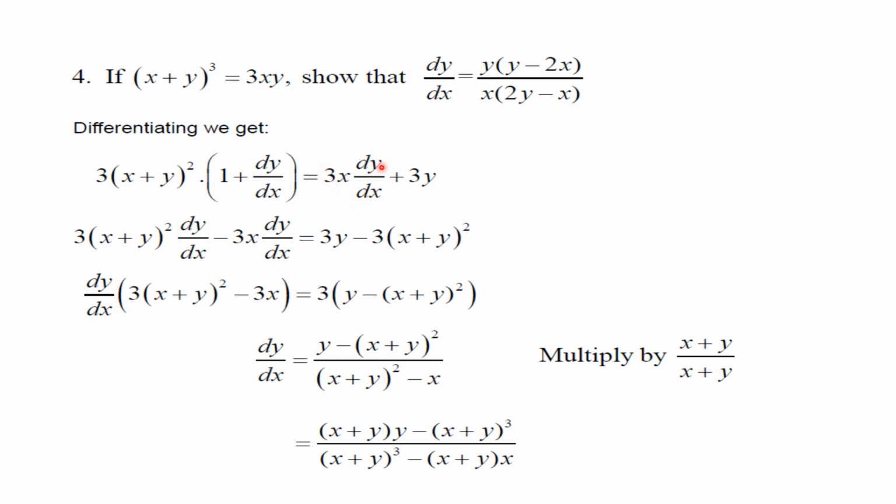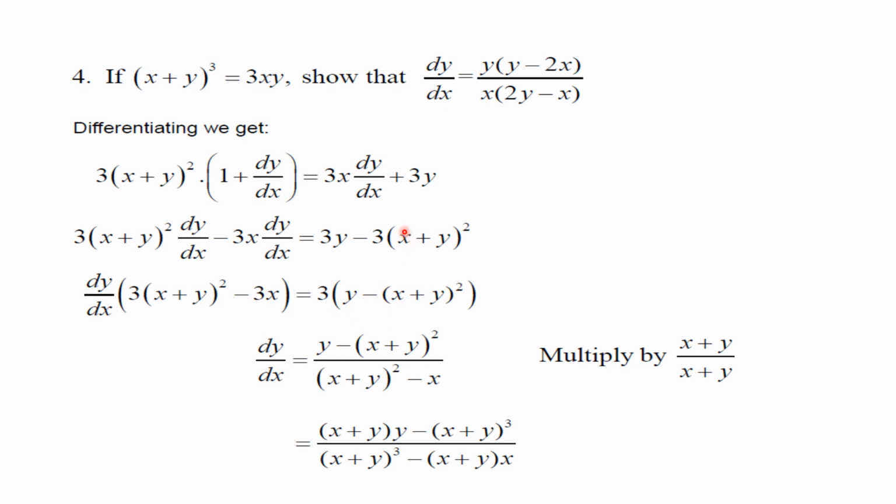And then this term here, 3x dy dx, you can bring to the left because we are collecting the dy dx terms on the left. And the right becomes 3y minus, as I told you just now, you bring this term to the right after multiplying by 1. Okay, so now you have dy dx terms on the left and the non-dy dx terms on the right. Your next step is simplifying.